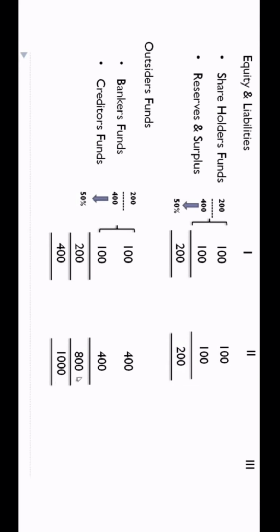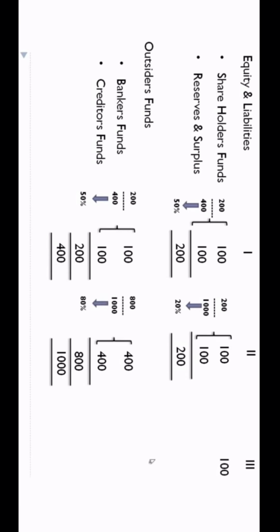So here please note, the shareholder funds are 100 plus 100, 200. So 200 on 1000 would give 20%. Whereas the outsider funds are 400 plus 400, which is 800 on 1000, which gives you 80%. We'll analyze this also after seeing scenario 3.